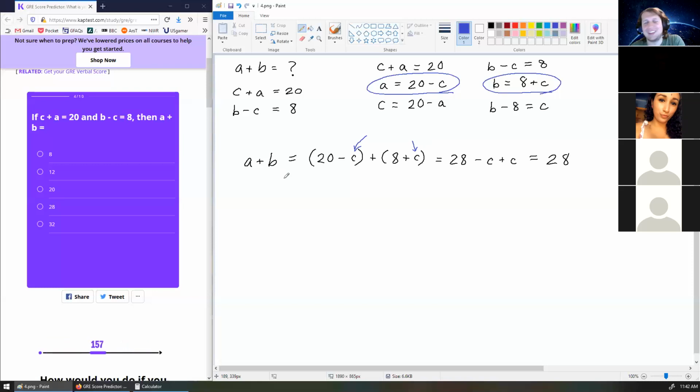We just know that A and B added together is 28. That's just kind of how these questions are. We don't really care what the actual number is for most of the things we're dealing with. We just care about the answer.